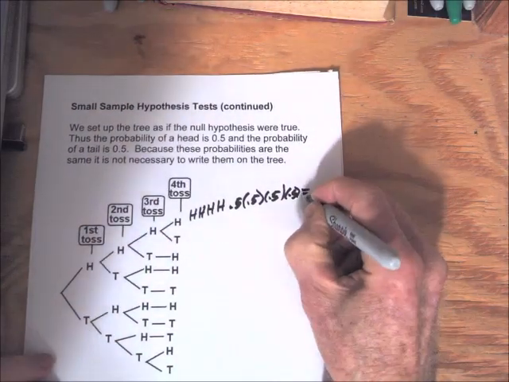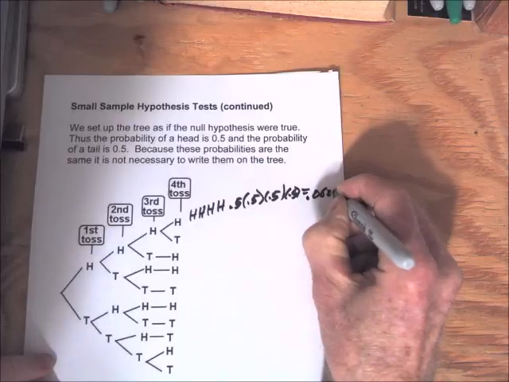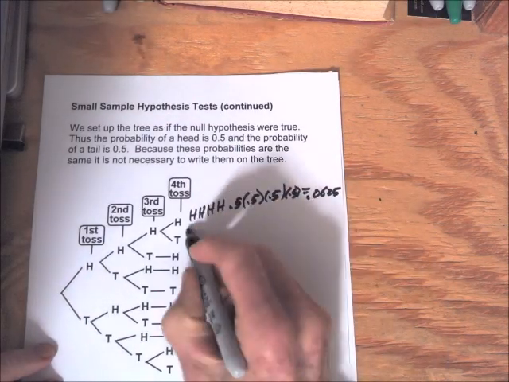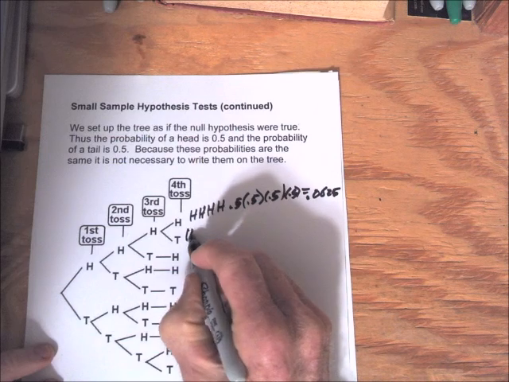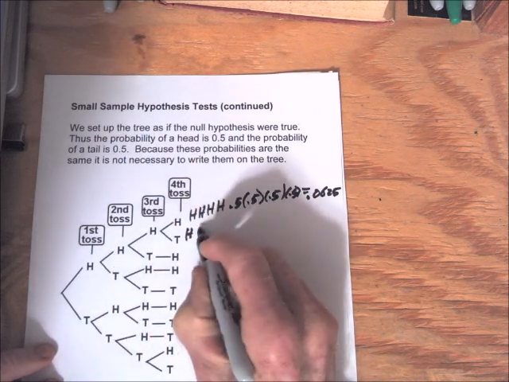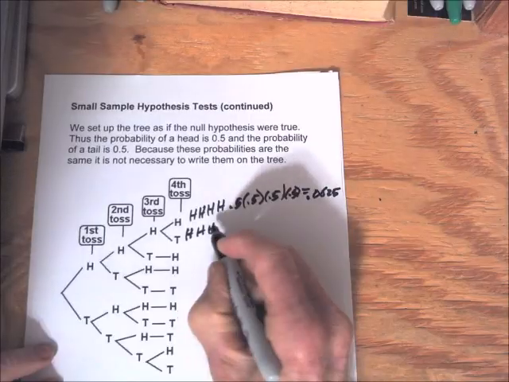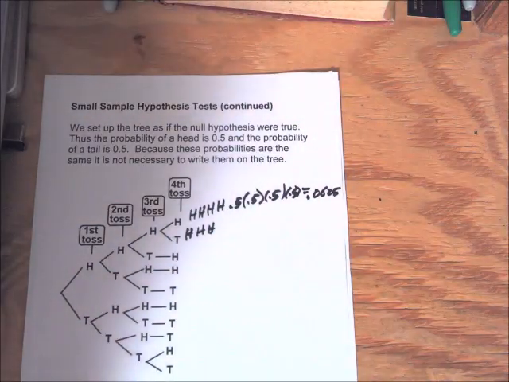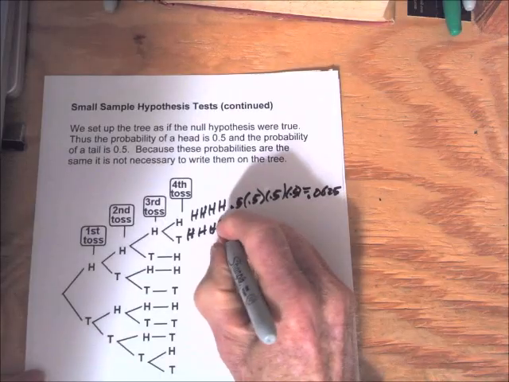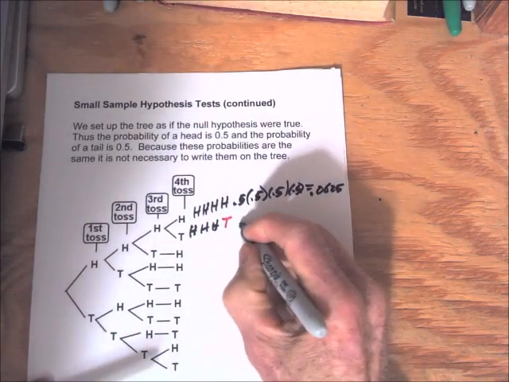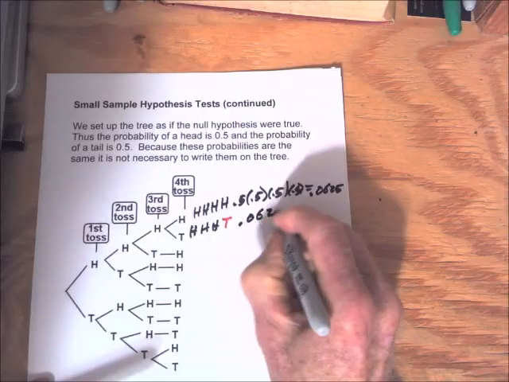It's 0.0625. And these probabilities are all going to be the same. So the next path ends here with a tail. So we had 3 heads followed by a tail. It's going to be the same probability, 0.5 times 0.5 times 0.5 times 0.5. So these are all going to be the probability 0.0625.